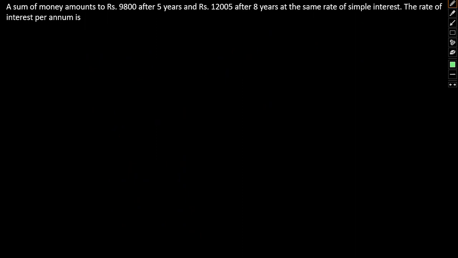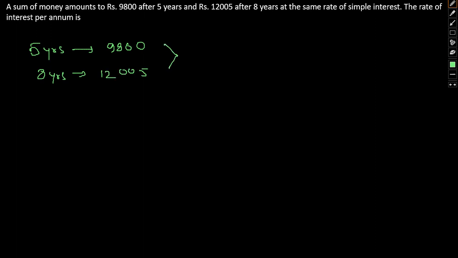A sum of money amounts to rupees 9,800 after 5 years and 12,005 after 8 years at the same rate of simple interest. The rate of simple interest per annum is? Okay, so let's take a look. For 5 years the amount is 9,800. For 8 years the amount is 12,005.